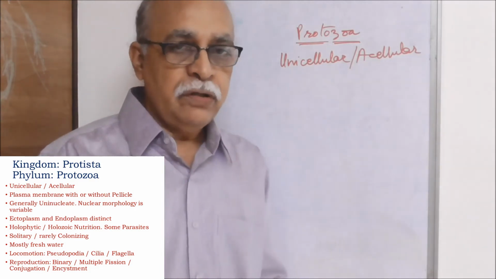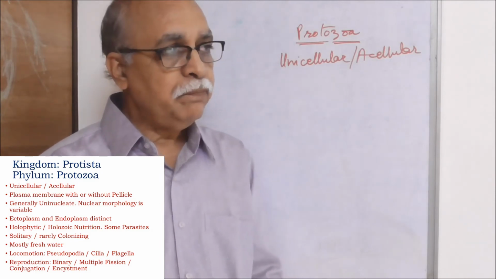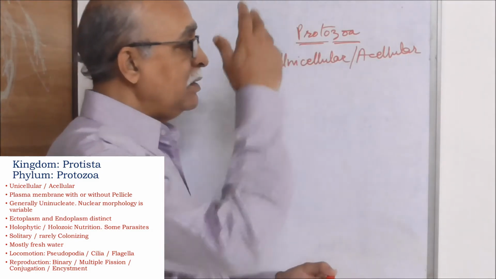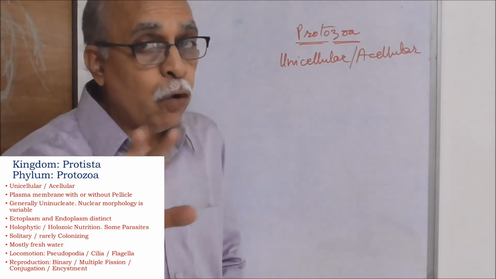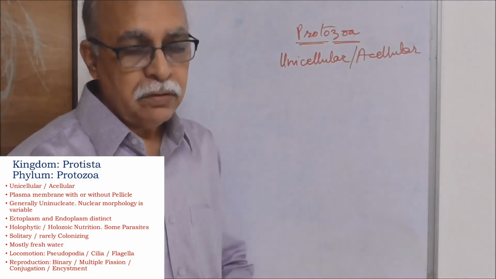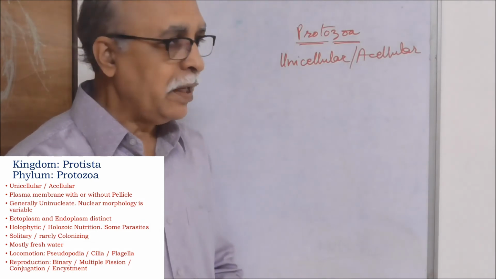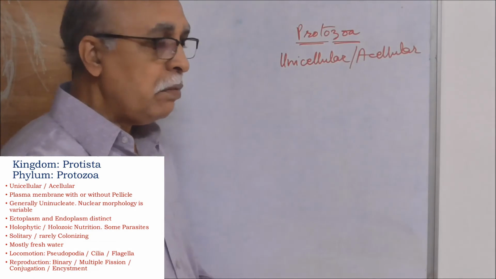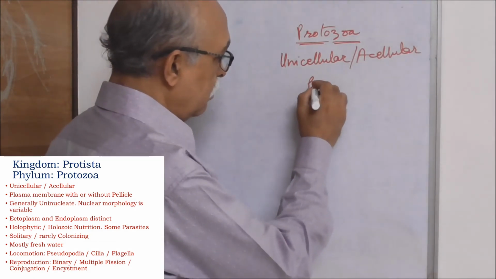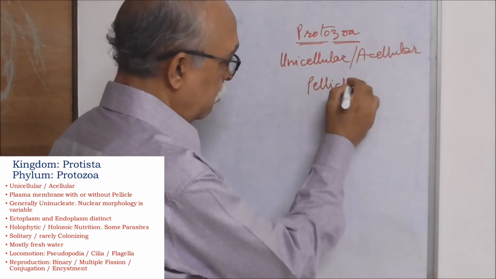Now what are these functions? First of all, these are animal-like cells, so cell wall, made up of cellulose, hemicellulose, all that, would certainly be absent. But still, the cell membrane may further be covered with something called a pellicle.